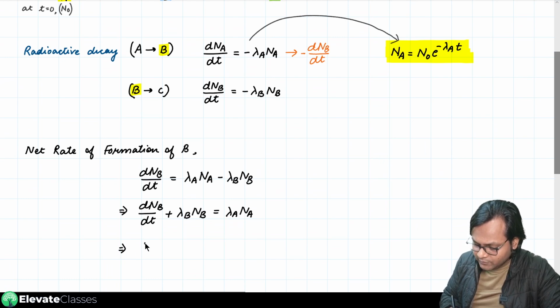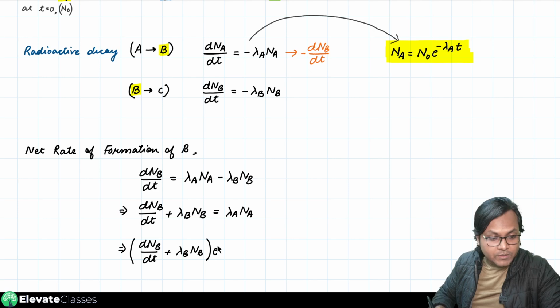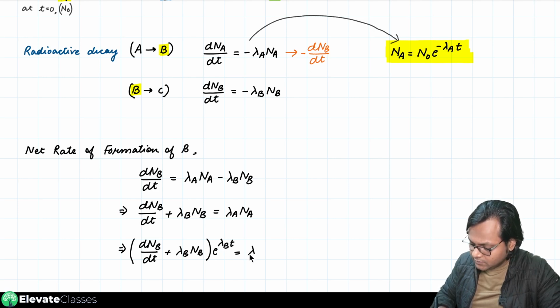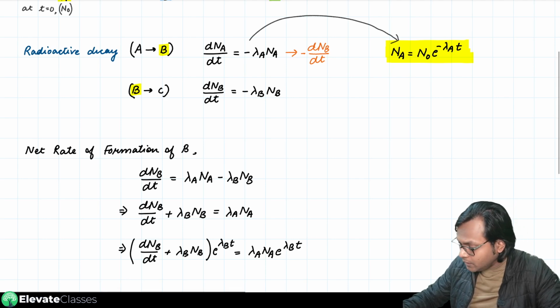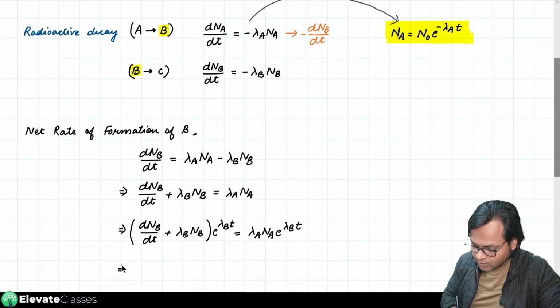To solve this, I will simply multiply this entire equation with e to the power lambda B t, so lambda A NA e to the power lambda B t. If I do this, things become a bit simpler and it helps us in solving this equation.